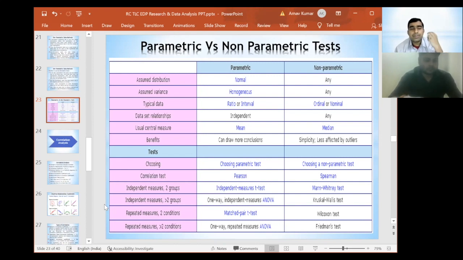Another example of repeated measures, more than two conditions. For example, during the initial days of the COVID pandemic in 2020, there was a lot of research going on. Still there is going on, but at that time there was a frenzy of research across the medical fraternity and amongst doctors as to what could be the suitable treatment for this COVID pandemic and the coronavirus that is there in our bodies.